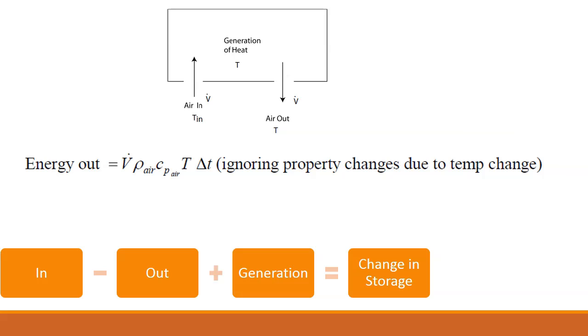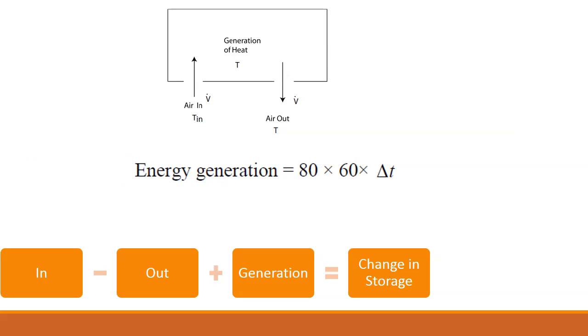Okay, so now we do the out term in the exact same way. Volume flow rate times density times specific heat times (T minus 0, as the reference temperature) times delta T is the energy out. So next we look at energy generation.